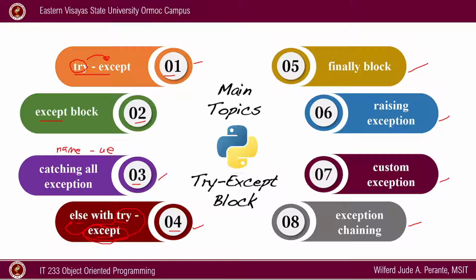While number 5 is the finally block. The finally block is used to execute code that should run no matter what, whether an exception occurred or not.